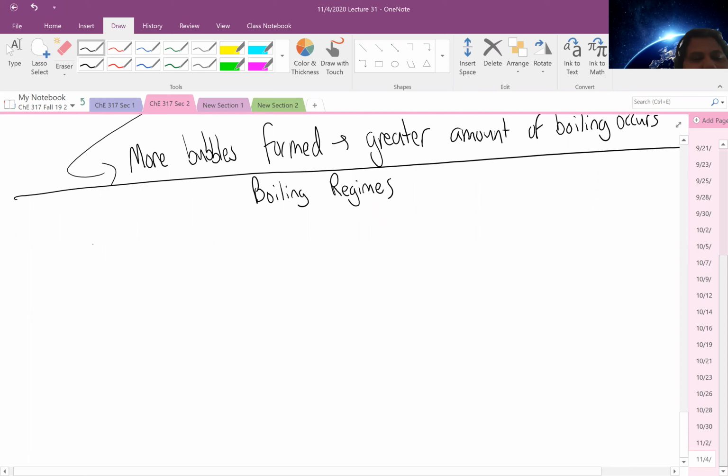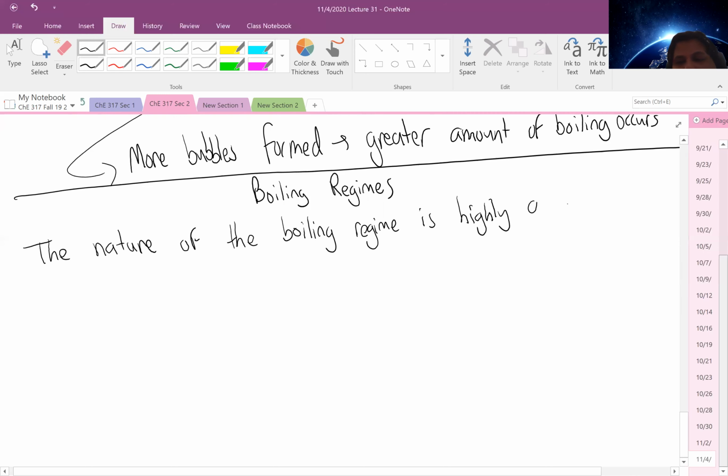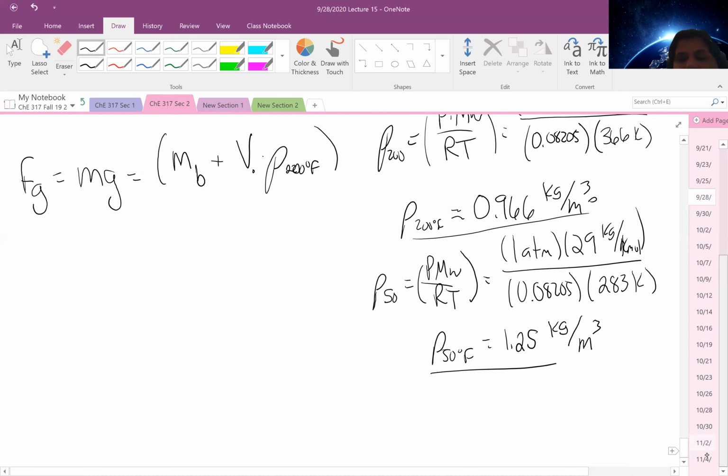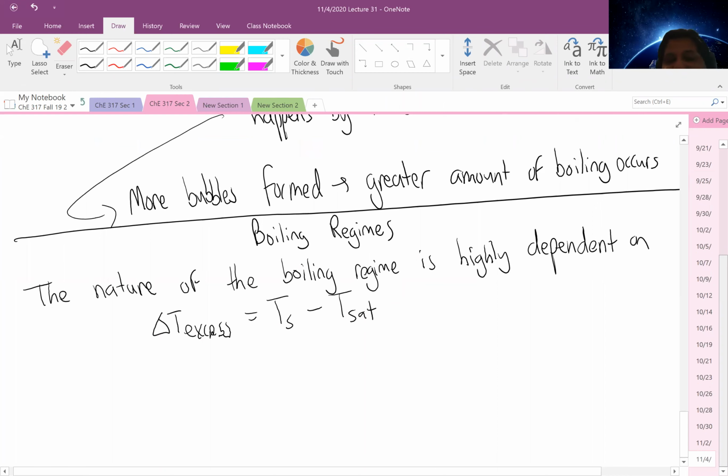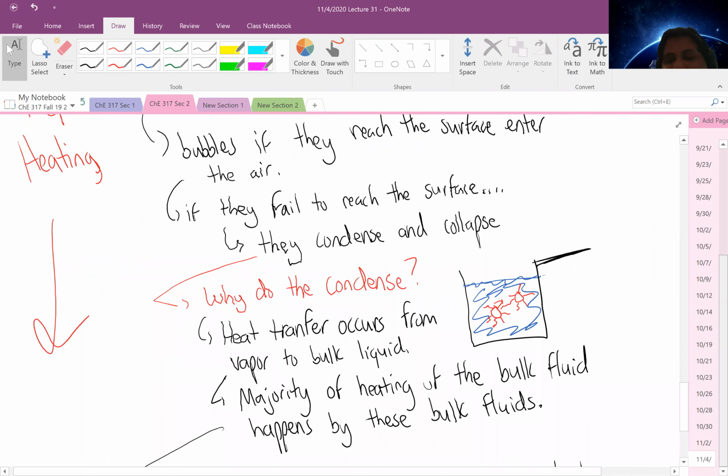Primarily because the nature of the boiling regimes is highly dependent on our delta T excess, which is once again that Ts minus Tsat. Because what we find is as the temperature of the bulk fluid increases, so too does the temperature of the surface.